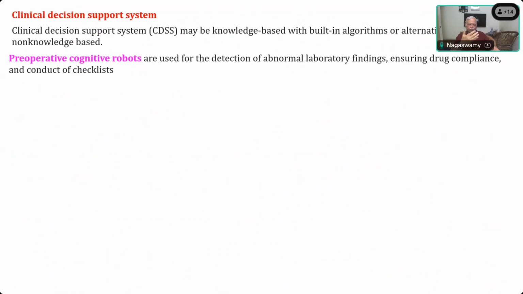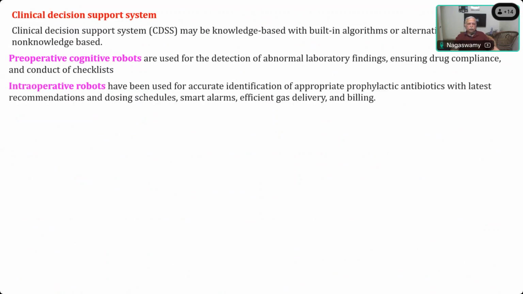So even in the printed format, they are using that. If you feed the same data into the computer, it will easily pick out all the abnormal findings and ensure the correction that is needed. And this is the preoperative cognitive robot.